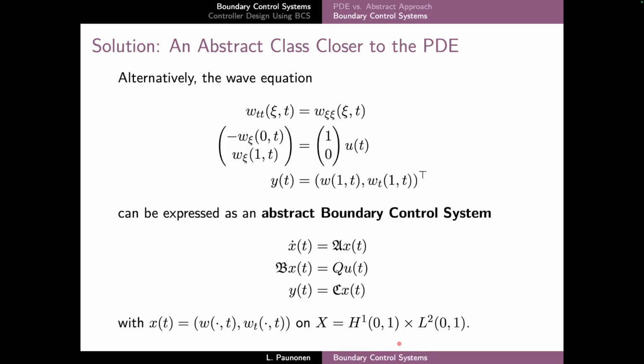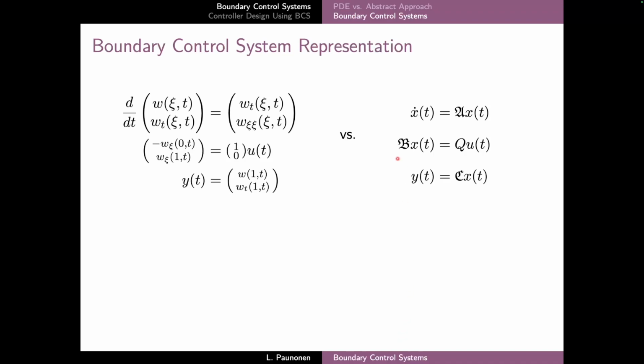And the way we can do this is we can simply expand our wave equation to a first order system and then do a side-by-side comparison between the 3 lines in the wave equation and the 3 lines in the abstract representation.